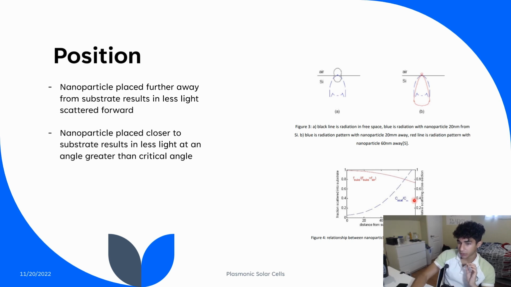As the distance from the substrate is less, the fraction of scattered light into the substrate increases, which means more light is scattered forward into the semiconductor. As the distance increases, the relative scattering cross-section increases, which means more light travels at an angle greater than the critical angle into the semiconductor.